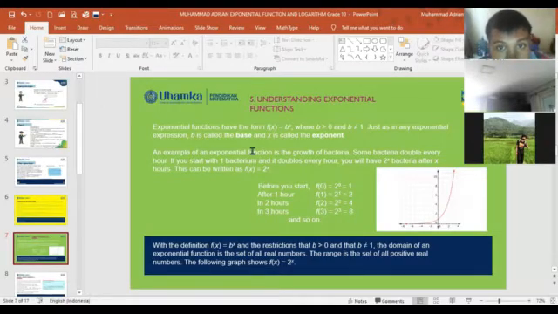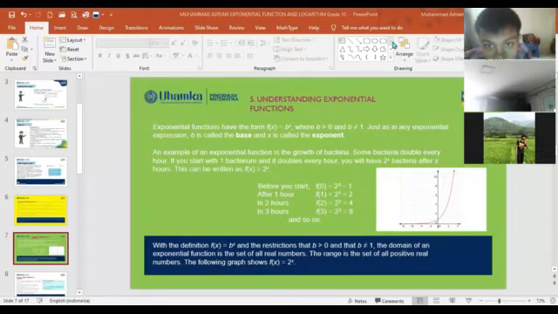Number 5, understanding the exponential function. An exponential function has the form f(x) equals b power x, where b is bigger than 0 and not equal to 1.